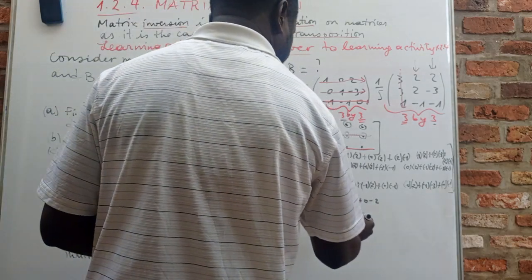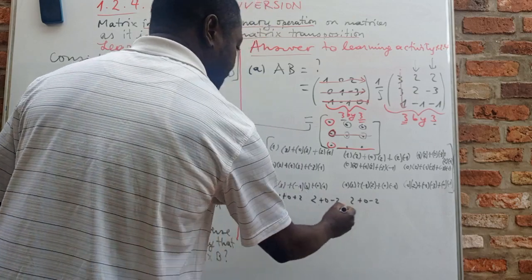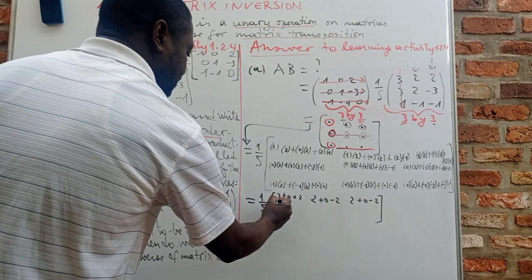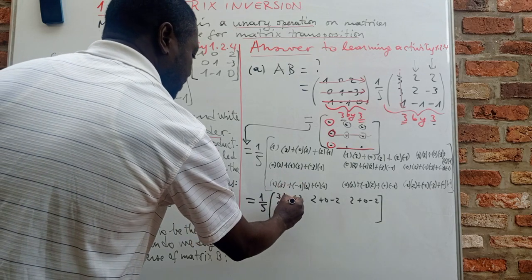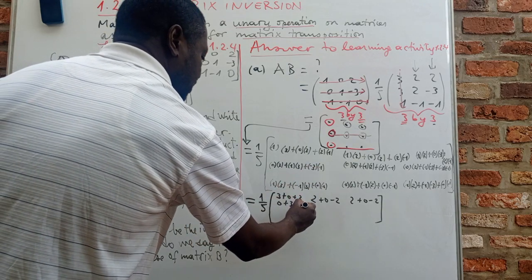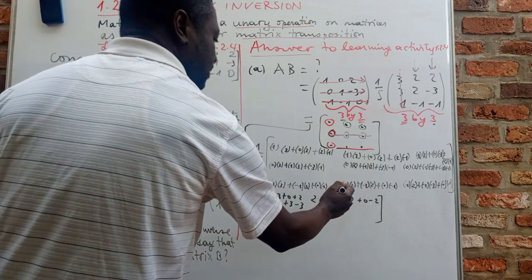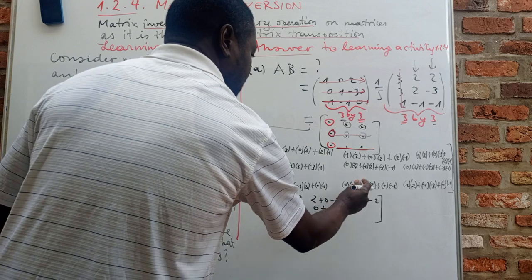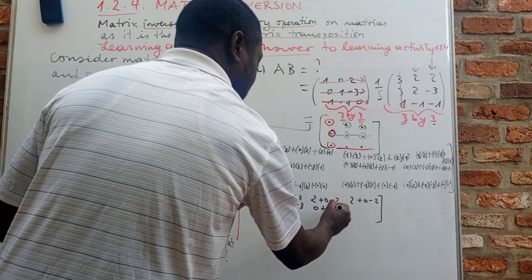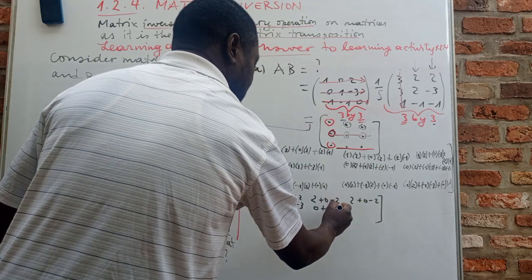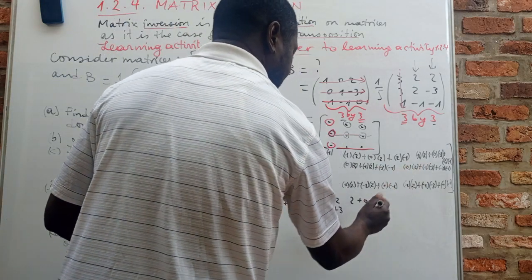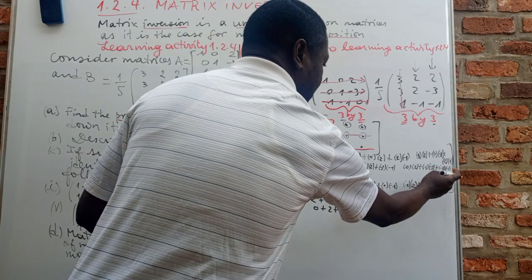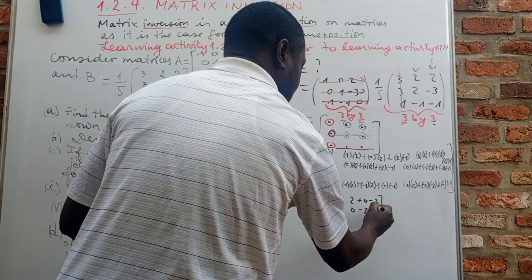Next, this is 0 plus 3 minus 3. This is 0 plus 2 minus 3 plus 3.